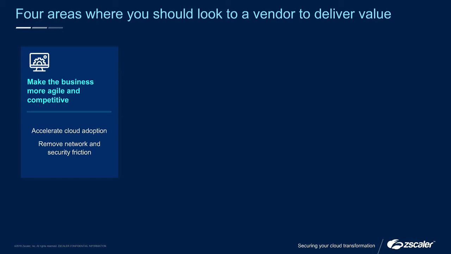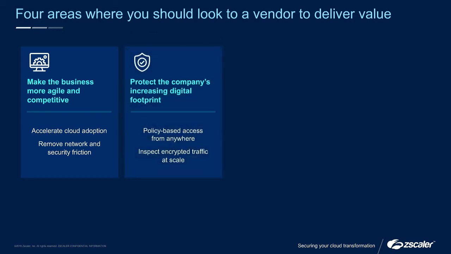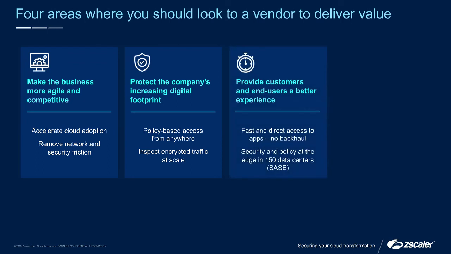You want to be able to increase the company's use of things like digital technologies to make sure that you move to a model that is user and context-based with policy following the user, and to be able to inspect traffic at scale. We want to eliminate the conflict between the user experience and security. You want to avoid backhauling traffic through centralized stacks. And you want to be able to move to the use of a SASE architecture.